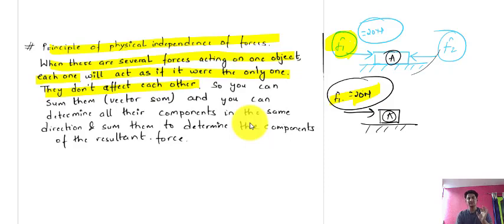So this is the physical independence of forces, that when there are several forces acting on an object, each force will think that it is working individually. So they don't affect the other forces. One force will not affect the other force.